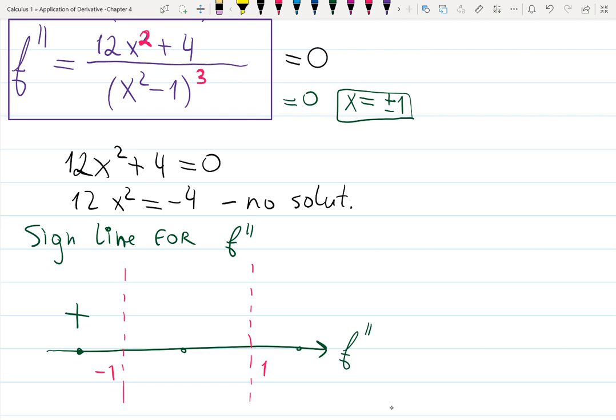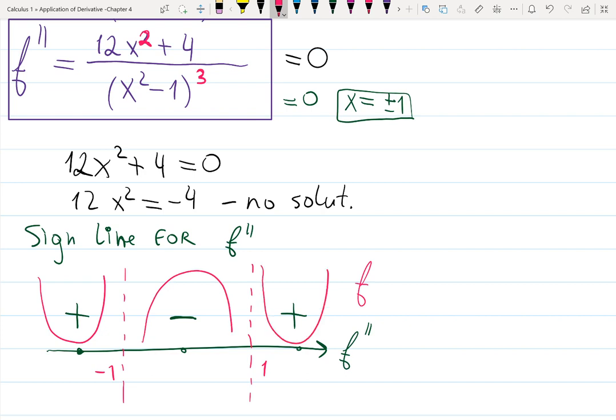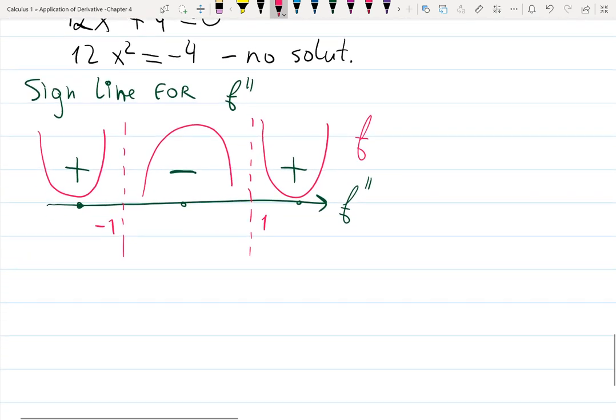At 0, I will have 4 over negative 1 cubed. That's negative. And then I will plug plus 100. That will be positive. Then the original function f is concave up, looking like a smiley face, concave down, grumpy face, and smiley face again on these corresponding intervals.